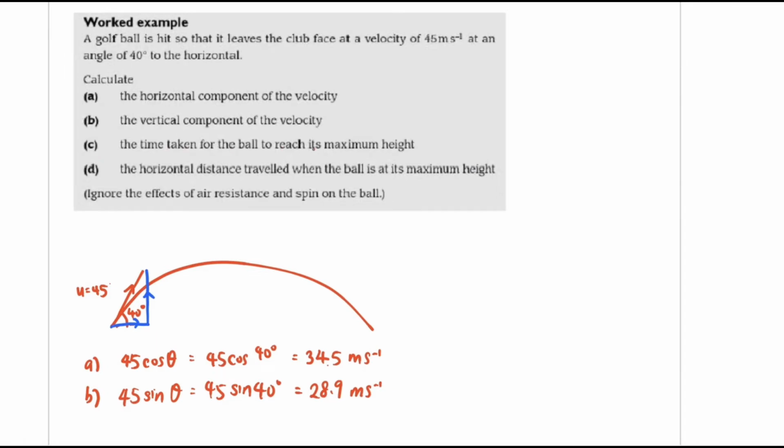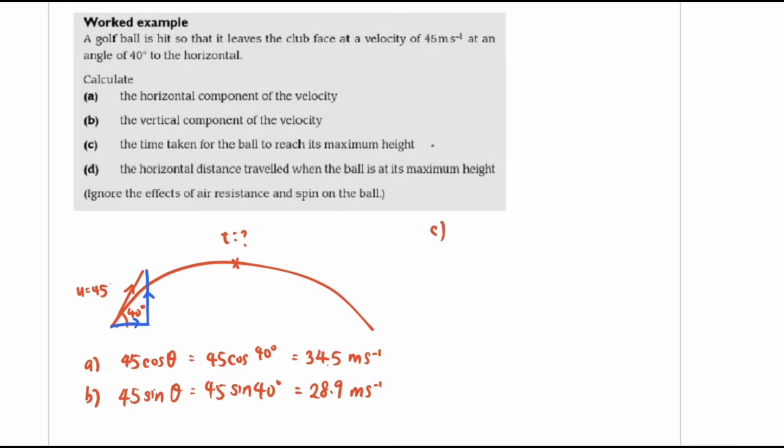Now C, the time taken for the ball to reach its maximum height. Its maximum height, which is here. So what time does it take to reach here? To determine this, we need to understand one important concept.